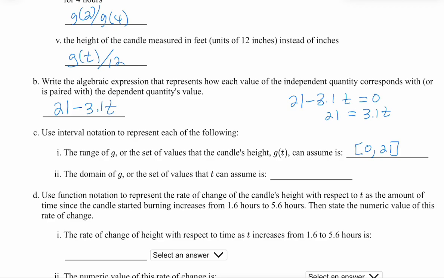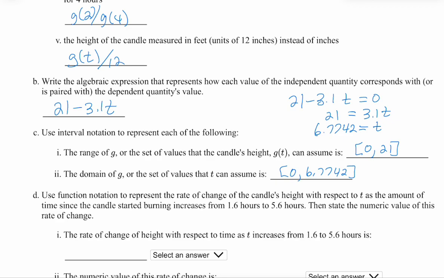So if we do, in my case, 21 divided by 3.1, I got 6.7742. Now, you might get something totally different. I don't know what you got, but mine will be from 0 to 6.7742, both again in brackets. Because at time 0, I'm still at 21 inches on my candle height.